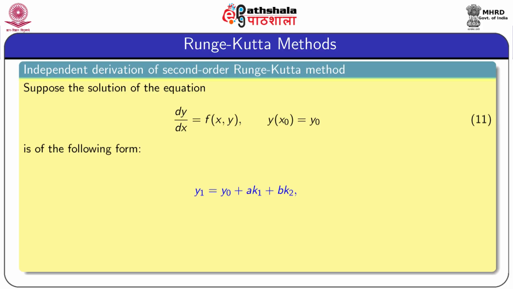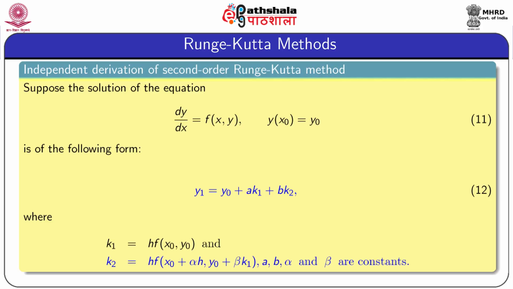For this purpose, we assume that y1 equal to y0 plus a into k1 plus b into k2, where a and b are some constants, where k1 is taken as h into f of x0 y0, similar to the previous one, but k2 is taken in a different form, that means k2 equal to h into f of x0 plus alpha h comma y0 plus beta into k1, where a, b, alpha, beta are constants.